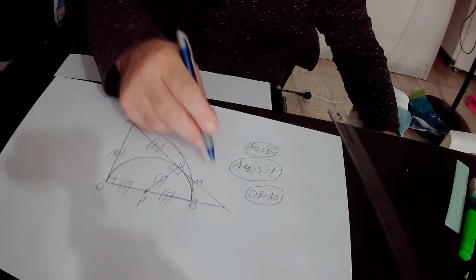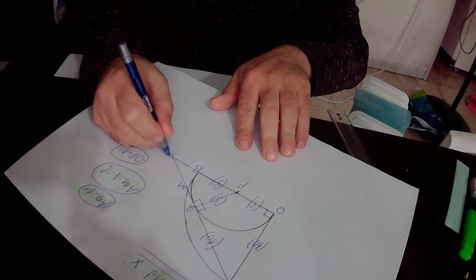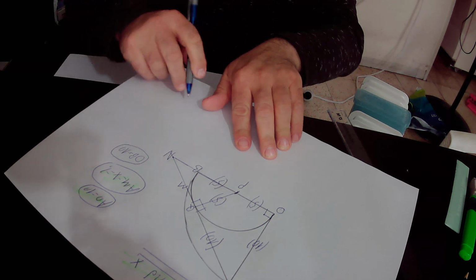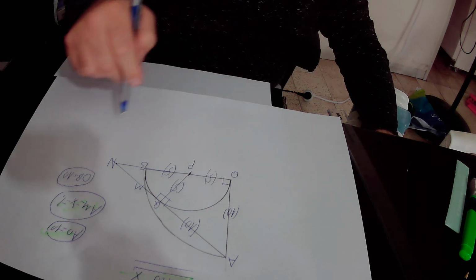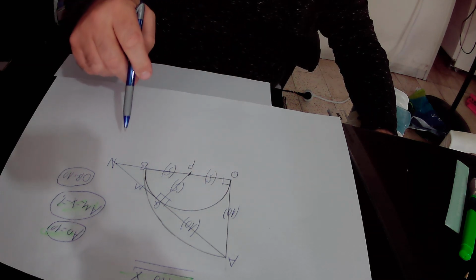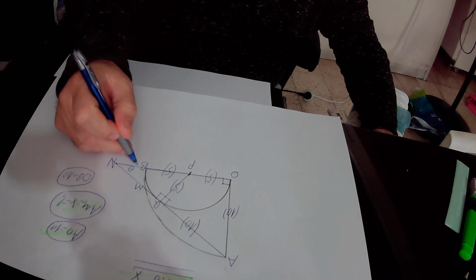We define their touching point as N. By doing this construction, we added here the right big triangle, triangle AON. In the right big triangle AON, we define this angle as theta.